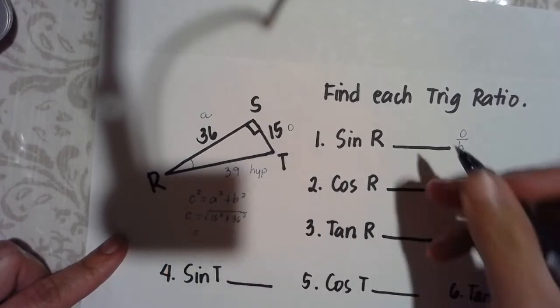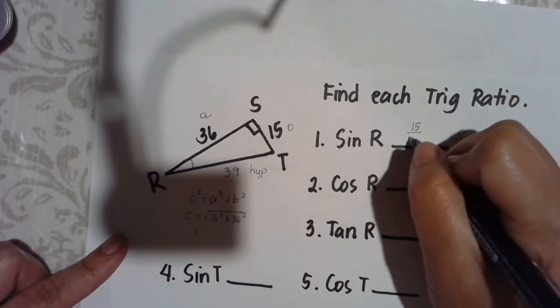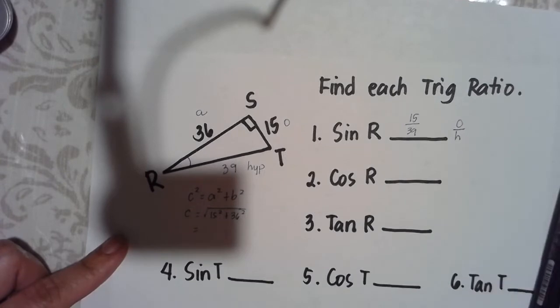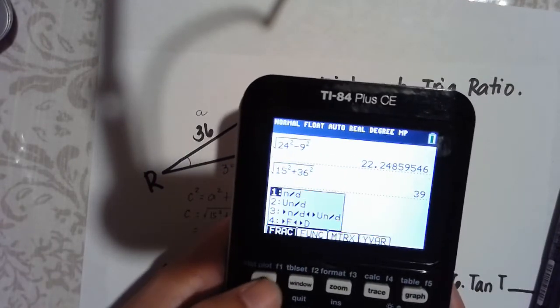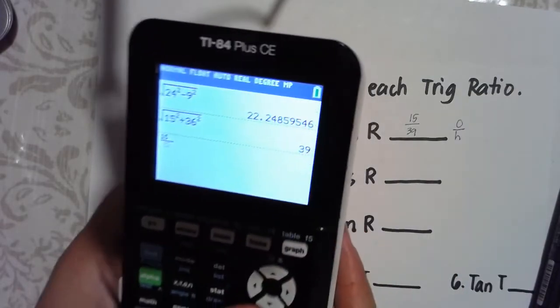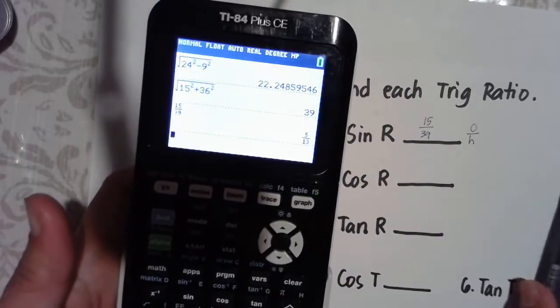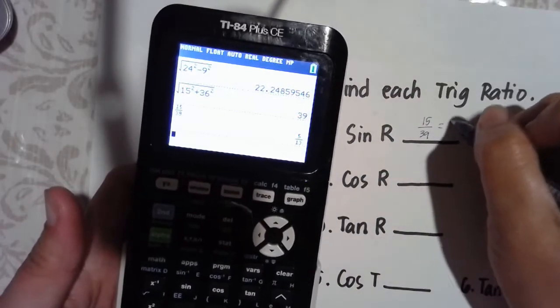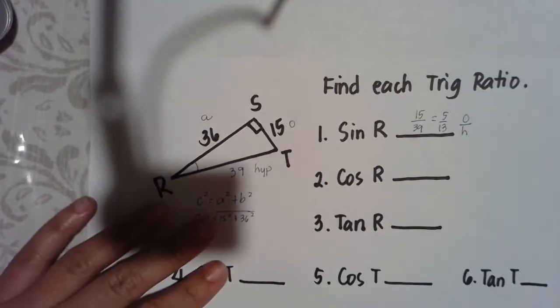If your opposite is 15 and your hypotenuse is 39, let's see if there's a lowest term. Press alpha, y equals, enter, then plug in 15 and 39 and press equal. It says 5 over 13, the lowest term for your sine.